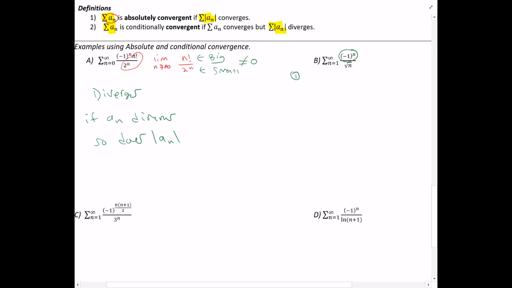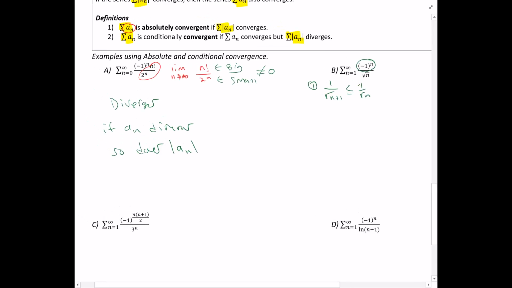And then two, we need to show that every next term is smaller than the last. So we need to show that this will always be smaller or equal to this, which it is, right? 1 divided by a number plus 1 is always smaller than 1 divided by that number. So that works. So this converges, right?